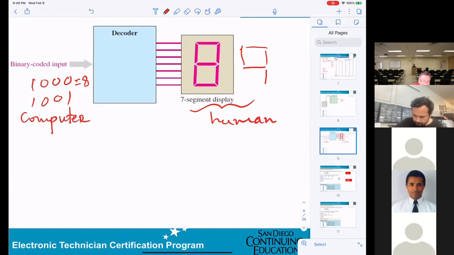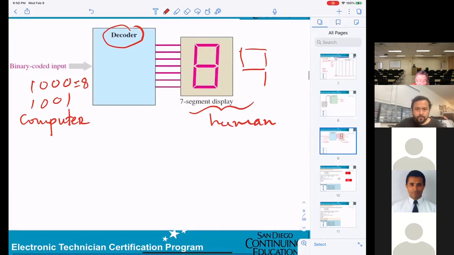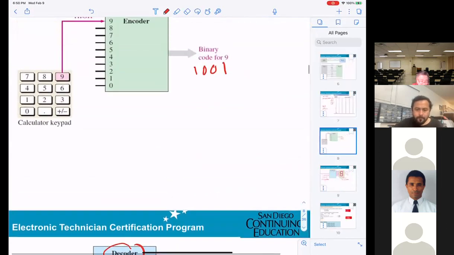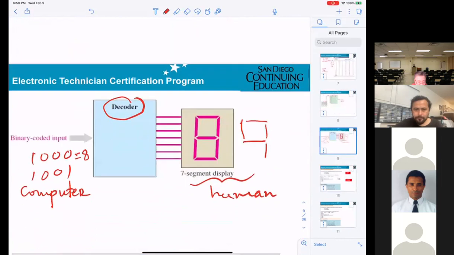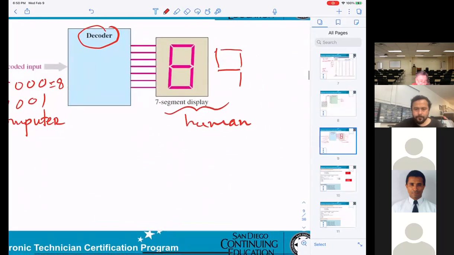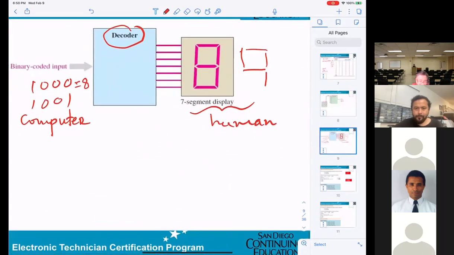So you try to understand between the decoder and also encoder. Encoder is converting decimal to the binary, and the decoder is converting binary to the decimal.